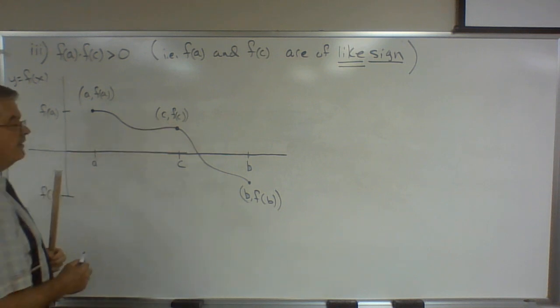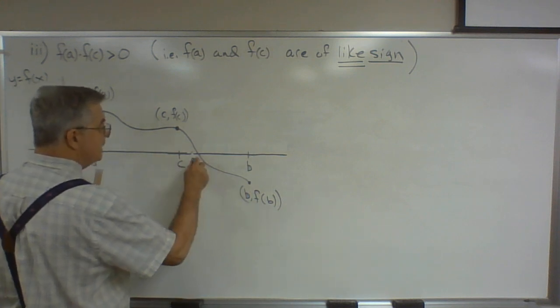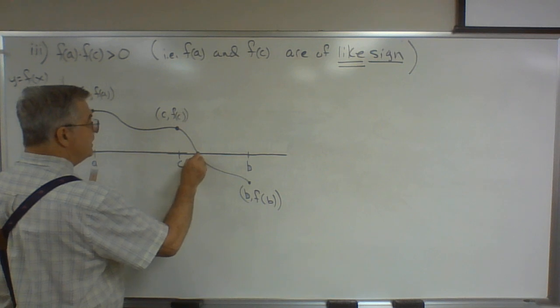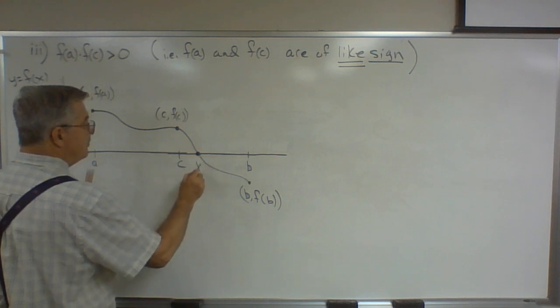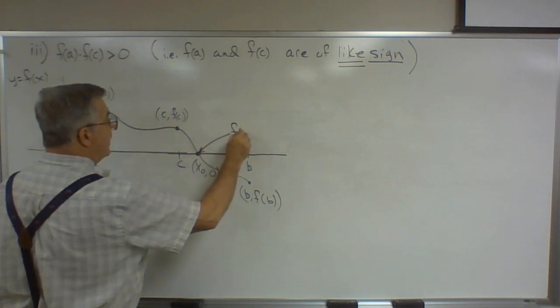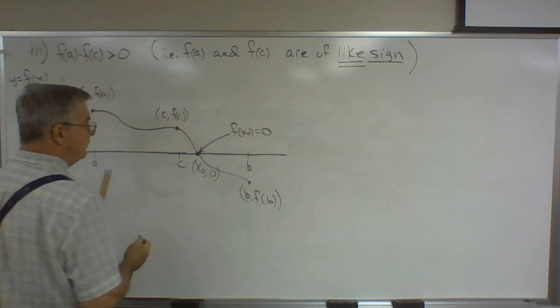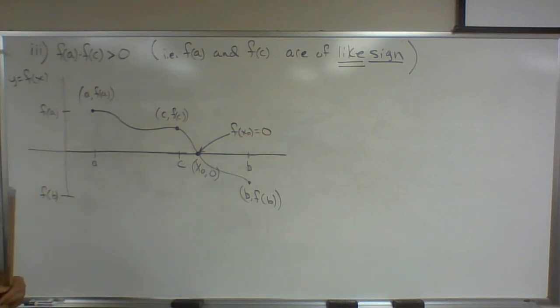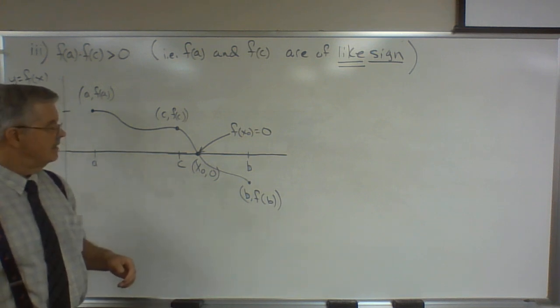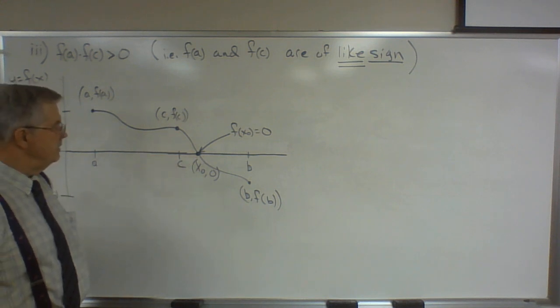And that means the graph has to cross the x-axis somewhere between C and B. So right here is our point x naught. This is where f of x naught equals 0, somewhere between the points C and B. So let's see what that means for us.